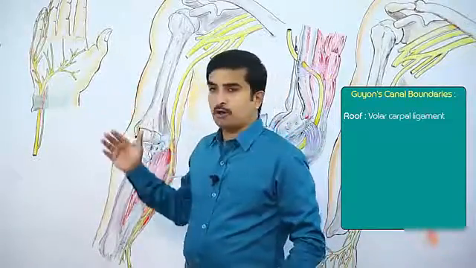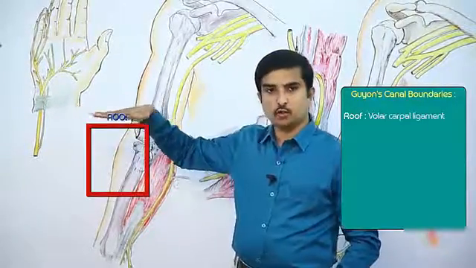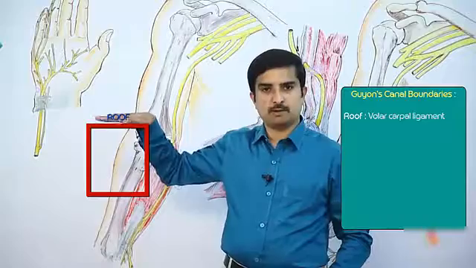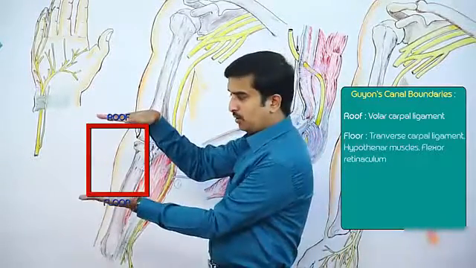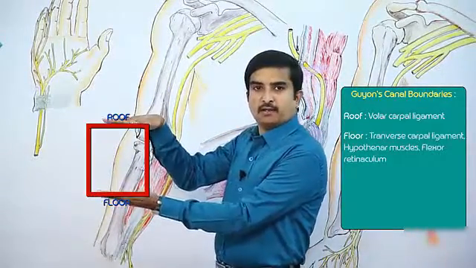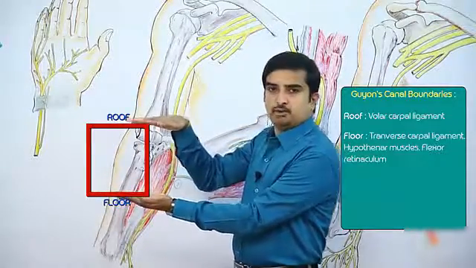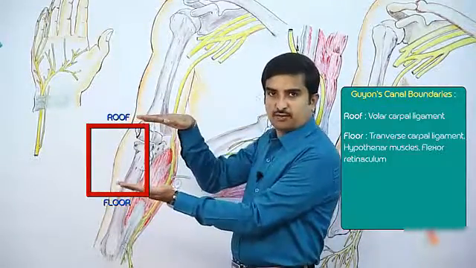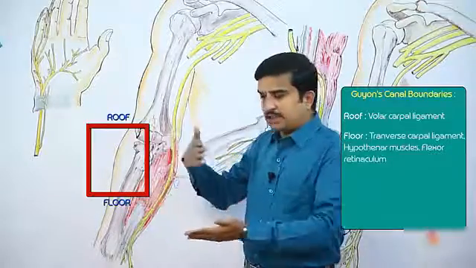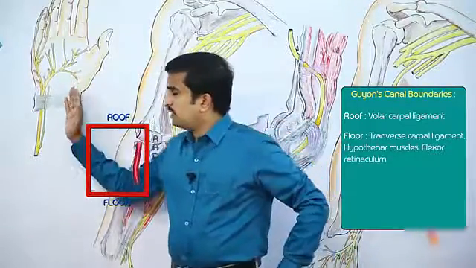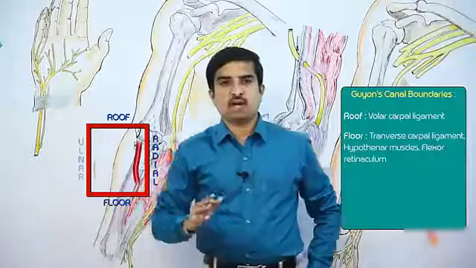The roof is formed by the volar carpal ligament, and this is the floor. The floor is formed by the transverse carpal ligament and the hypothenar muscles as well as the flexor retinaculum. Like that, it has the radial border as well as the ulnar border.